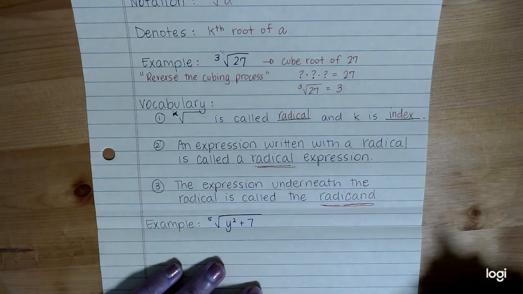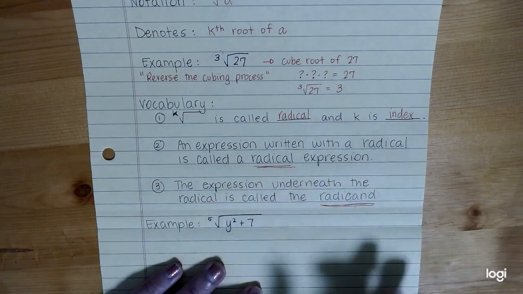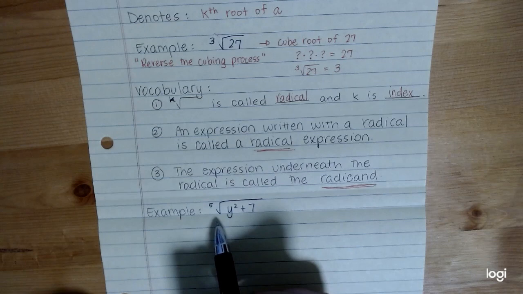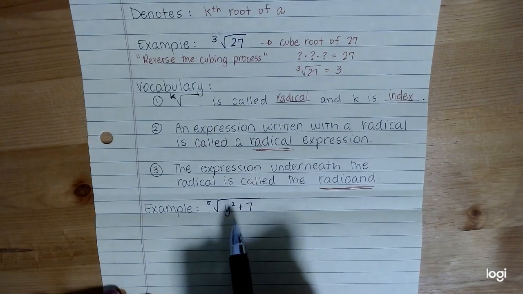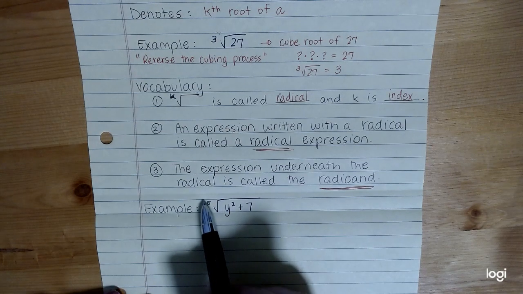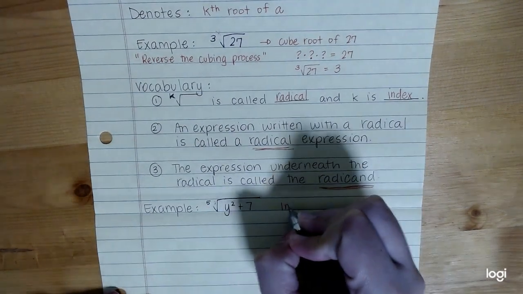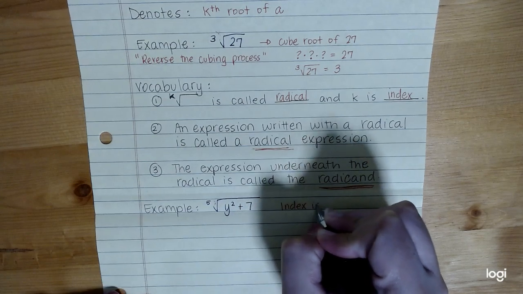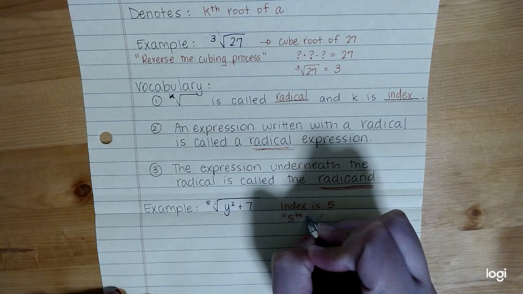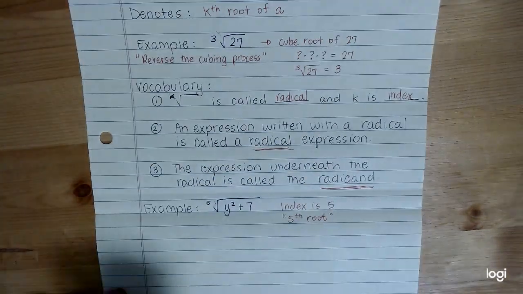And I'm going to be using these words as we continue these videos, so it's going to be really important here. Okay, so if we're looking at this example, obviously this is a radical expression because we see a radical symbol, and here we're saying that our index is 5, so we're talking about the fifth root here, and that's how we would refer to that.